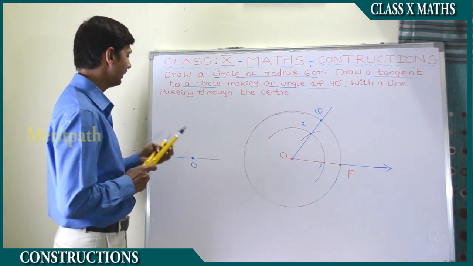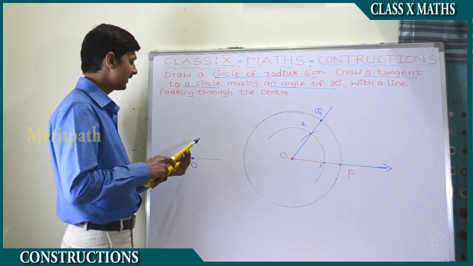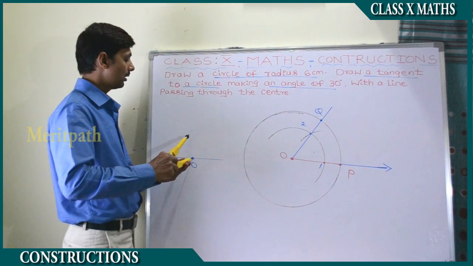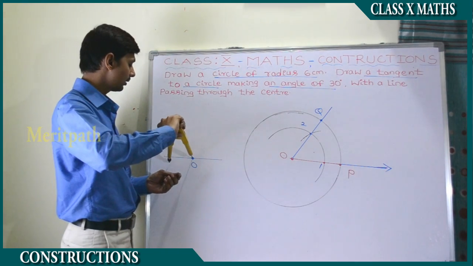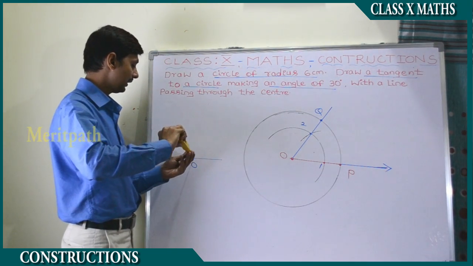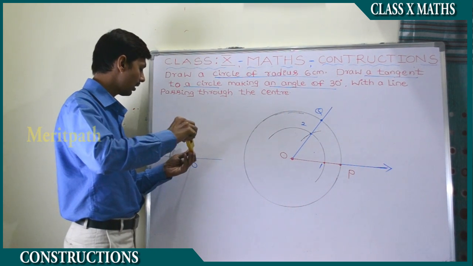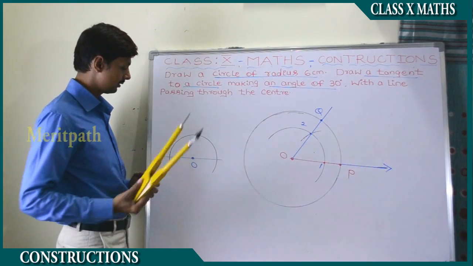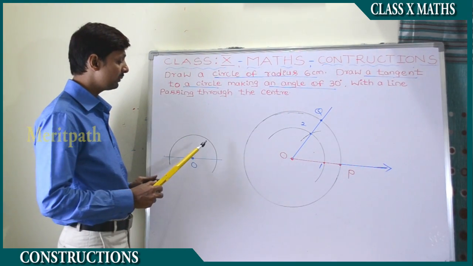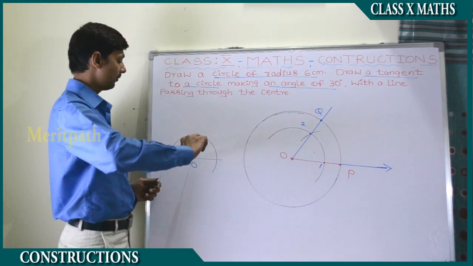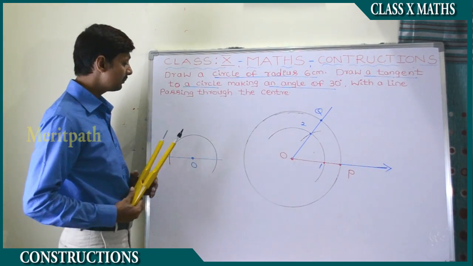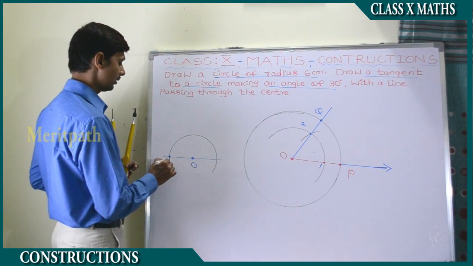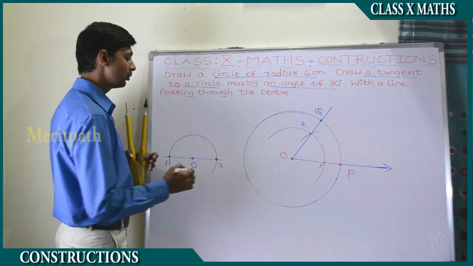For our convenience, we are taking 2 centimeters radius, and using the point O with a radius of 2 centimeters, we intersect the line segment which we have drawn. It intersects at 2 points, first and second, and we use these 2 points.